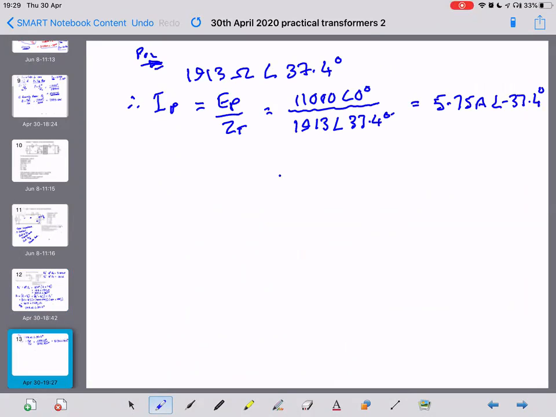And that's a lagging current, which we would expect in an overall inductive circuit. So is that what you got? Yeah, that's what I've got. I'm not too sure about how I've done after that, but I'm pretty fine with that so far.